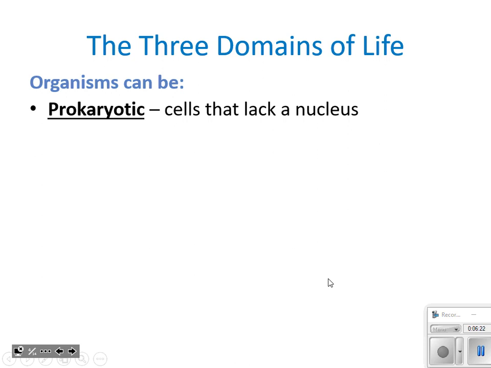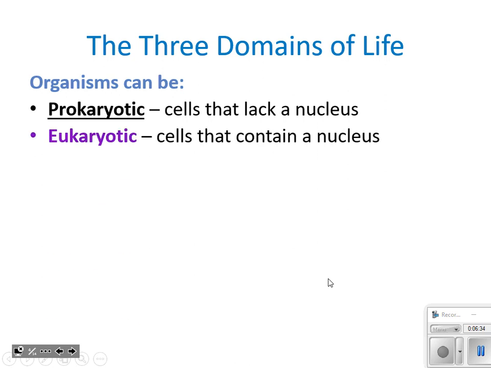So a prokaryotic cell has no true nucleus, and they do not have membrane-bound organelles. Eukaryotics are different. Eu means true. So eukaryotic cells do have what we call a true nucleus. Eukaryotic cells also have membrane-bound organelles. So just a little review of prokaryotic and eukaryotic cells.